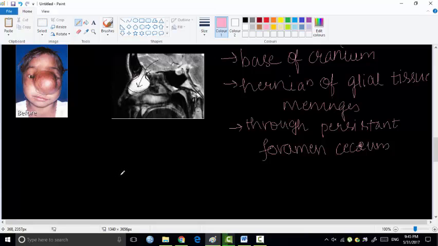What are the presenting features? The presenting feature may be a swelling, or a mass like this.